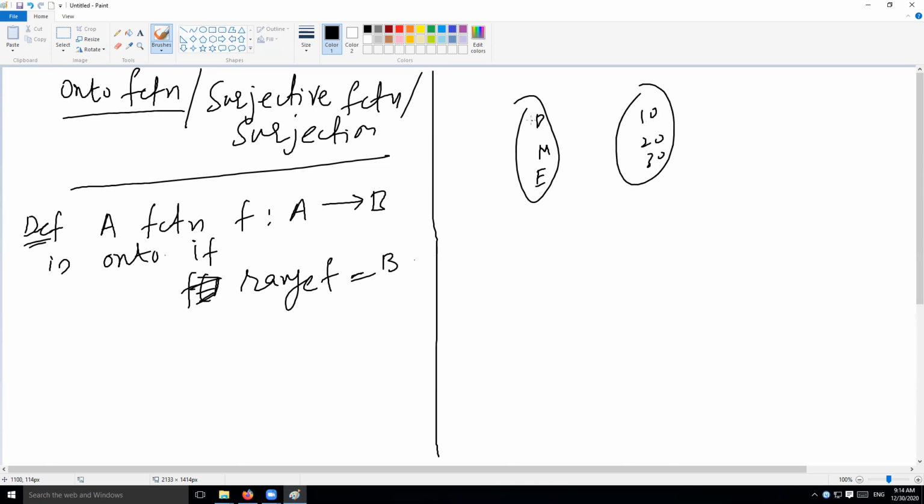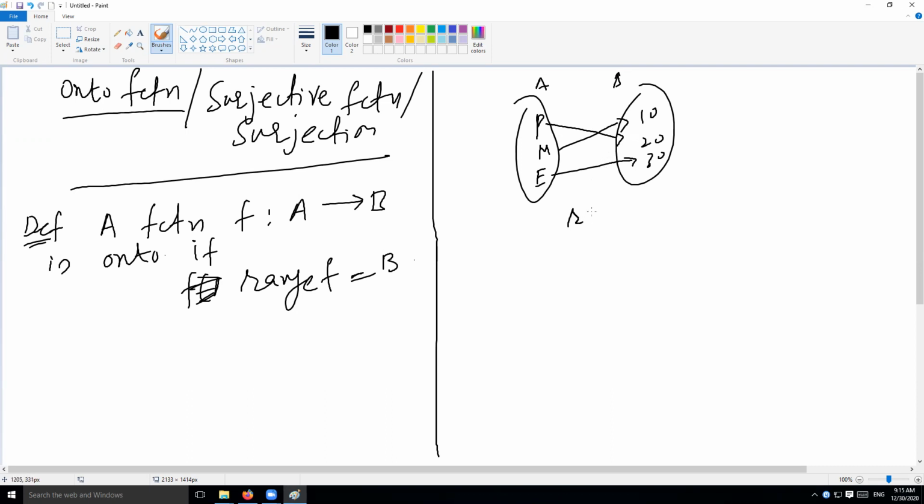Then this function is onto if the range of this function is the same as the codomain. So this is set A and this is set B, and say the price of the physics book is 20, and this is 30 and this is 10.